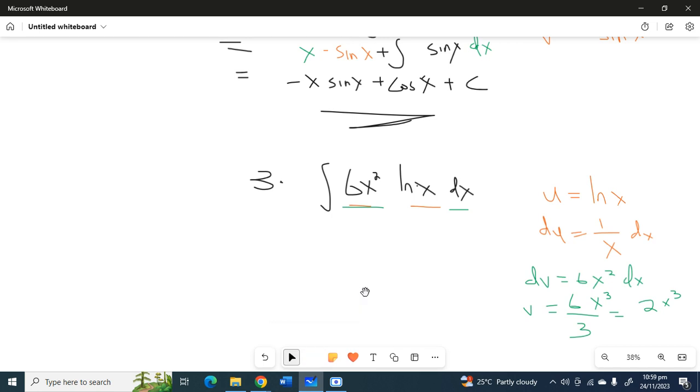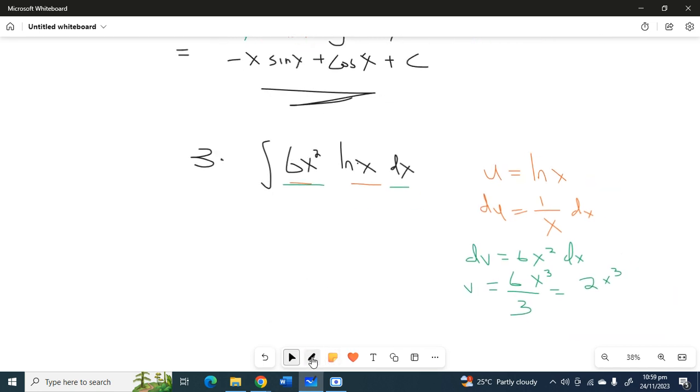So now we can substitute in the formula. We're going to say u v minus the integral of v du.